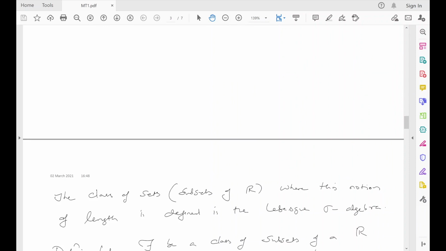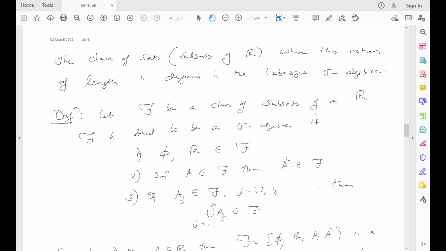So the class of sets, these are going to be subsets of the real line, where this notion of length is defined is the Lebesgue sigma algebra. So I'll define what that is soon. As I was saying earlier, the notion of length we require should satisfy some properties, like disjoint sets should have, when you take the union, the length adding up, and so on.